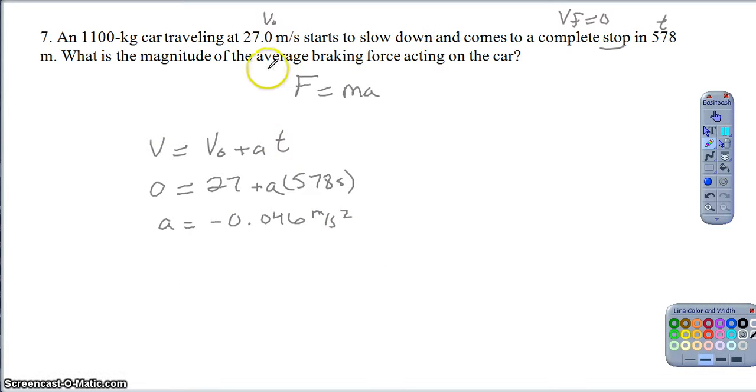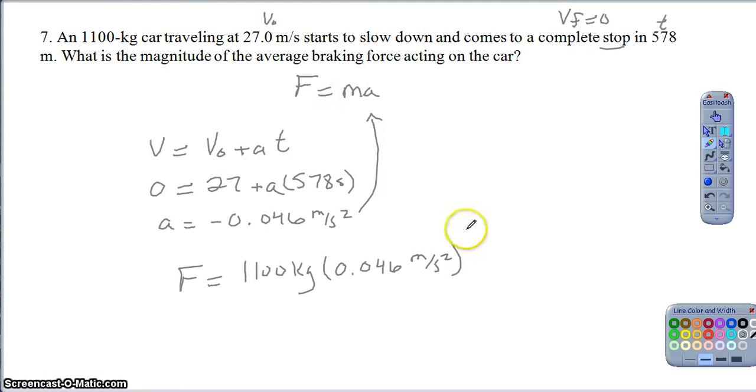So then if they ask me to find the average braking force, well, this is the only acceleration slowing it down. And so that acceleration is contributing to my average braking force. So then my force, which again is just mass times acceleration, would be 1100 kilograms times that acceleration, and I'm going to go ahead and drop the negative, because then in my answer I will just tell us that this is moving against the direction of the motion.